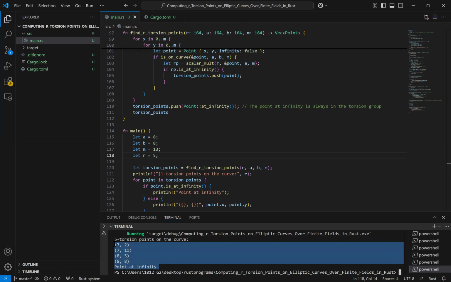So if you take (7, 2) and add it 5 times, you get the identity. If you take (7, 11) and add it 5 times, you get the identity, and so on. That's what is meant by torsion points.